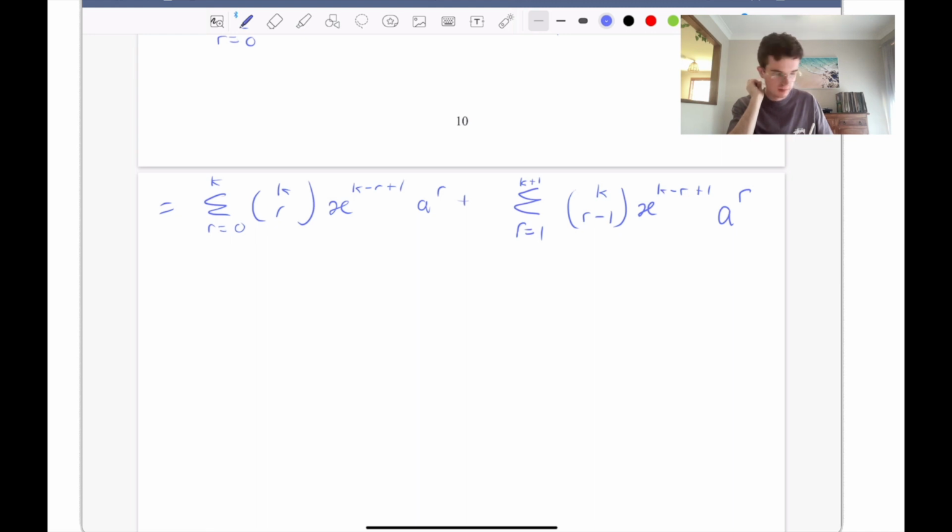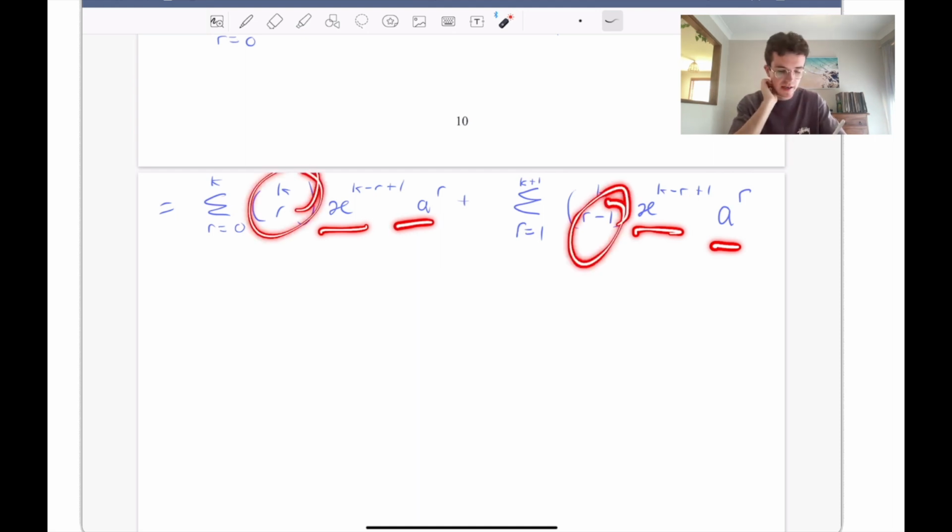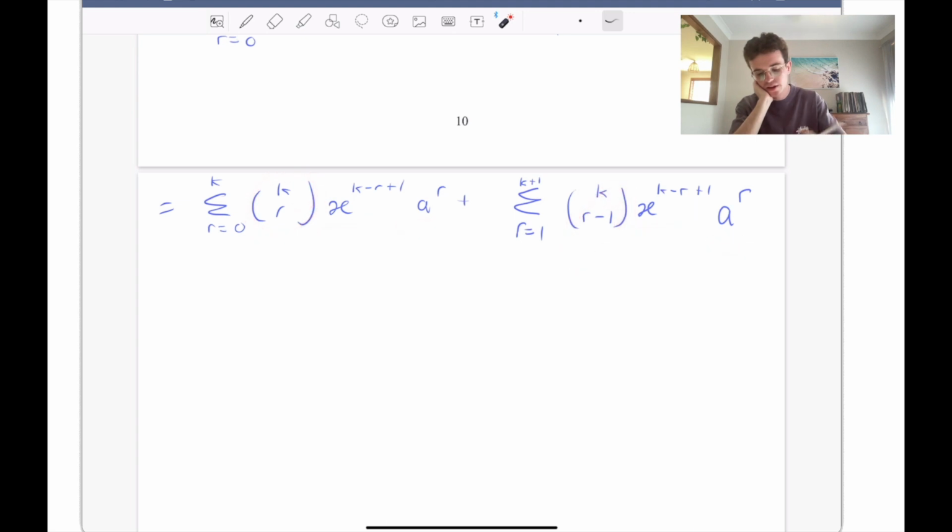Okay, now the last term in this expression is going to be in this expression here. We're almost ready to combine these because this is the same and that's the same, and that's the same and that's the same, but this is now different here, and the other thing that's different is these sums.